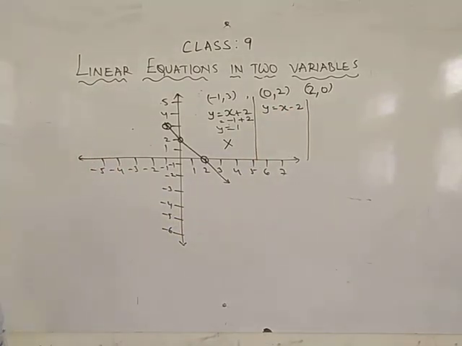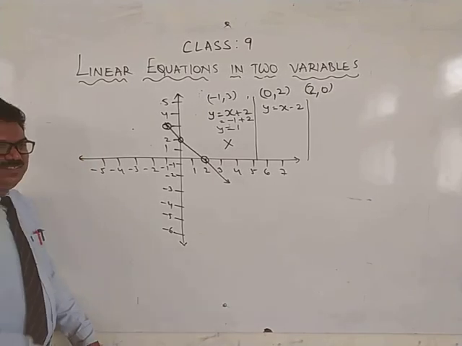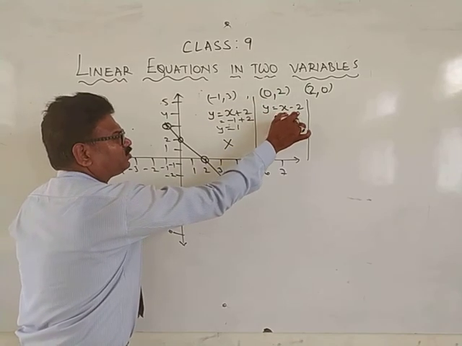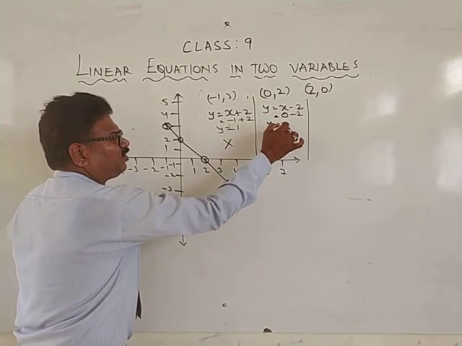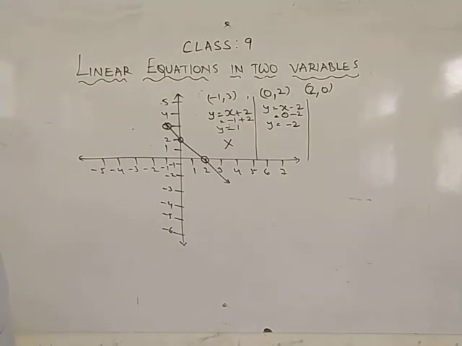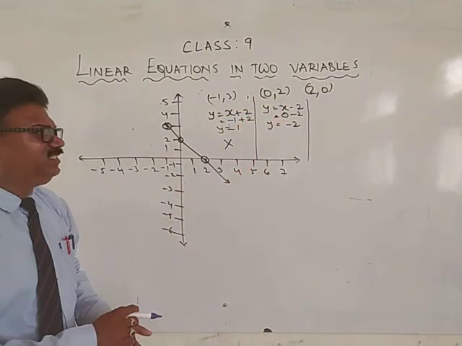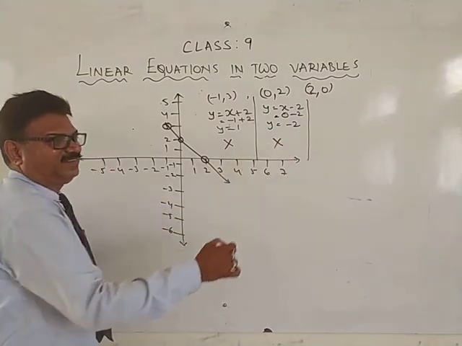Any value you take, among 3 values, any value. We will take 0. 0 minus 2, therefore y equals minus 2. But did we get minus 2 here? Therefore, this is also not correct.